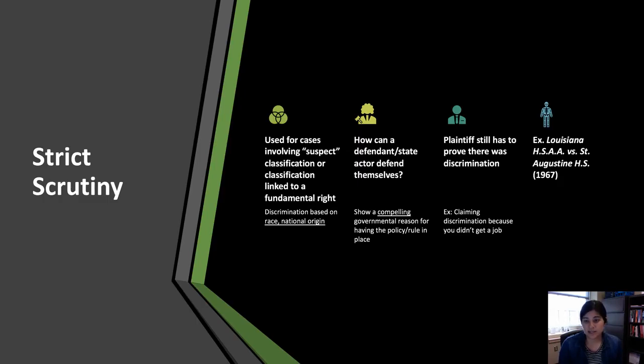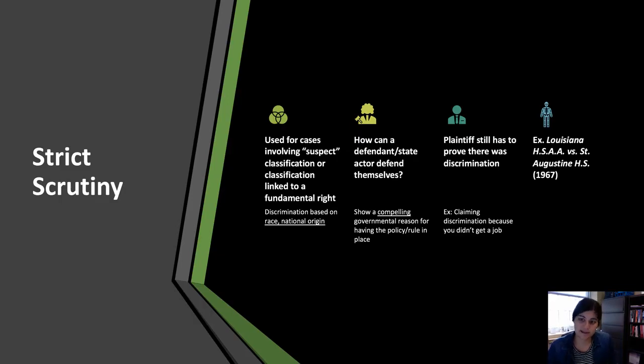So as long as the plaintiff can actually prove evidence of discrimination, so the example I use is someone claims they didn't get a job because of their race, then they would likely be able to win in court. So very difficult for a defendant to defend themselves in a strict scrutiny case. This is the highest level in terms of those 3 levels that we looked at on the other slide.